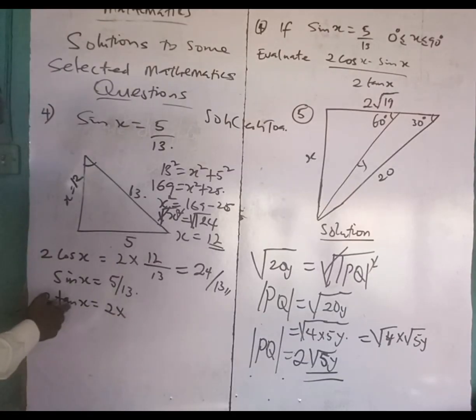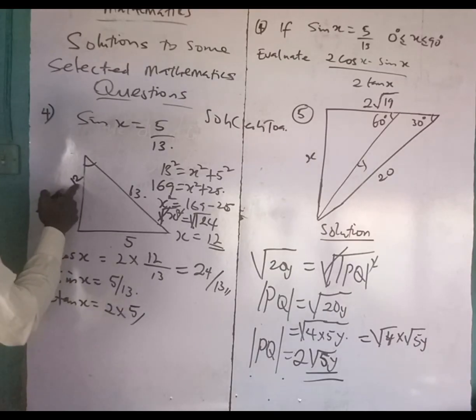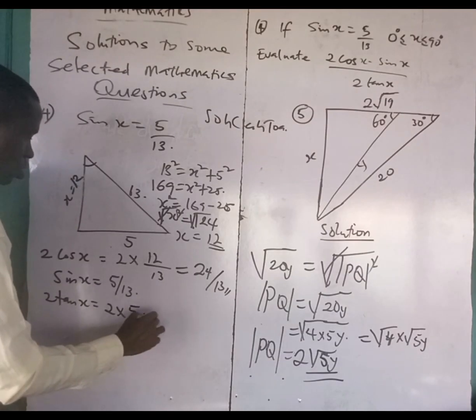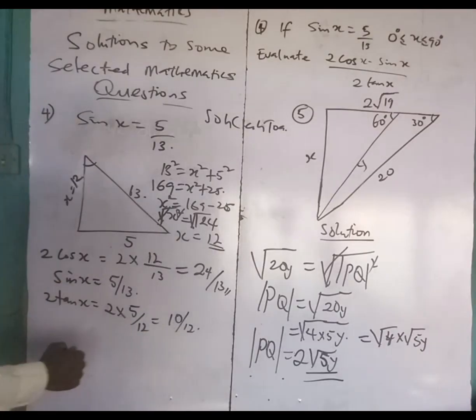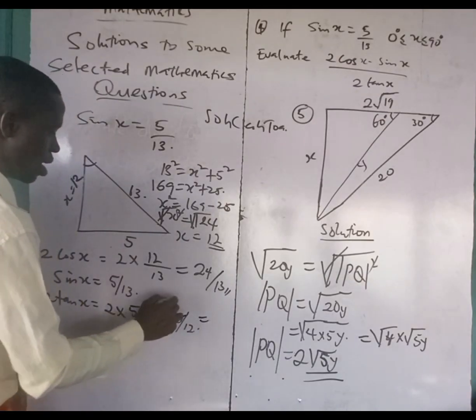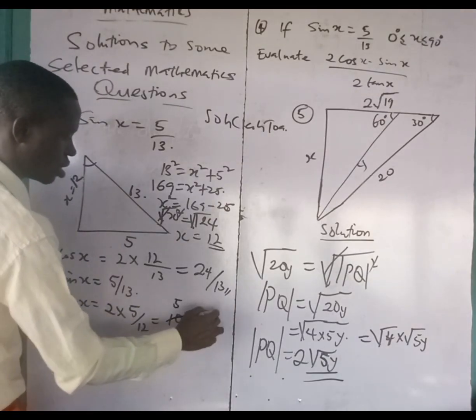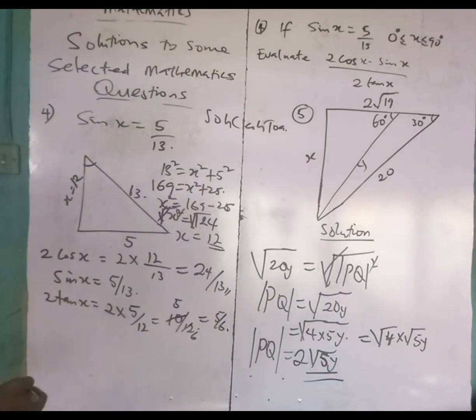2 times tan, opposite, which is 5, over adjacent, 12. That will give us 10 over 12, which is the same thing as 5 over 6. Do we get that?